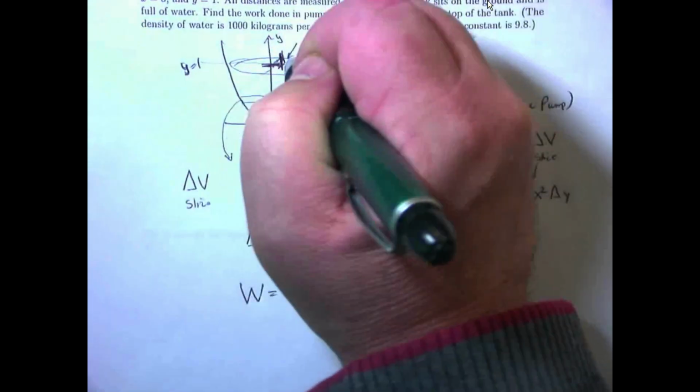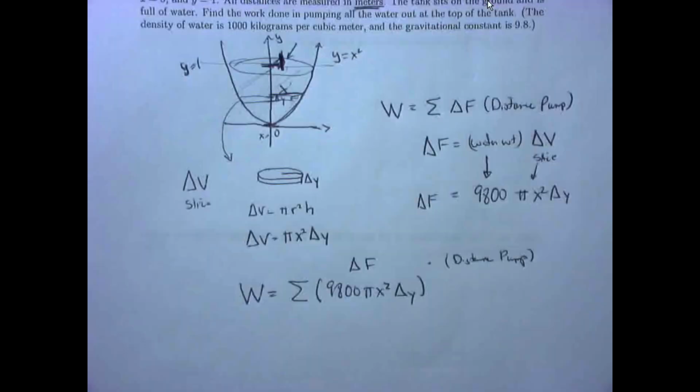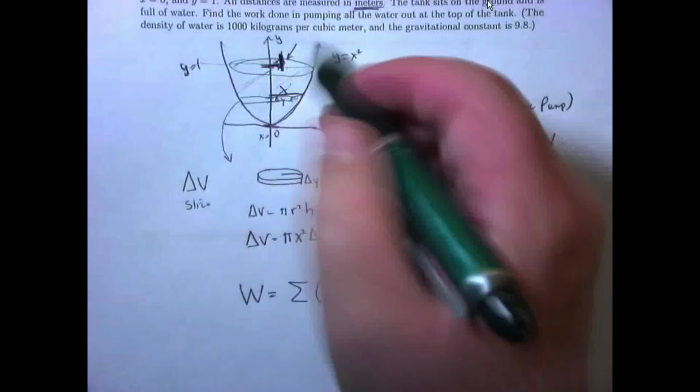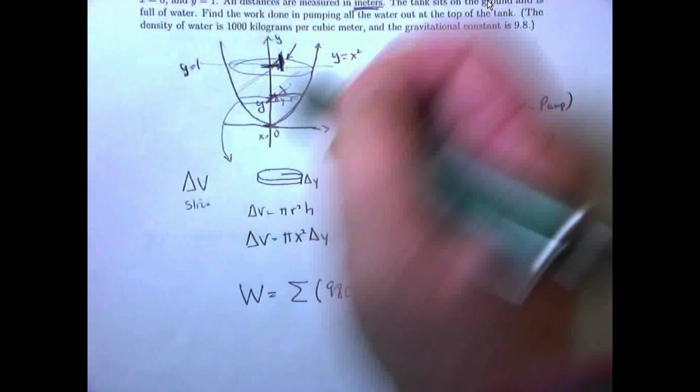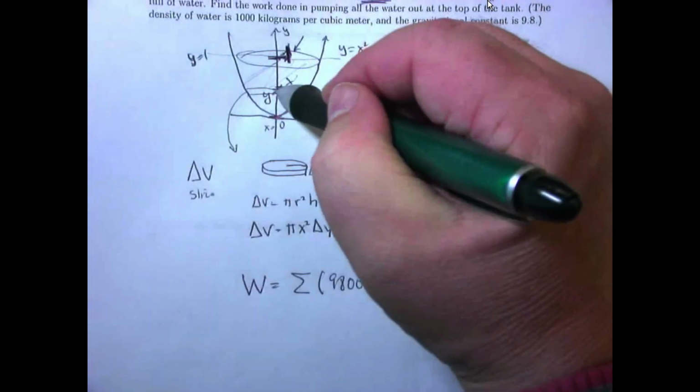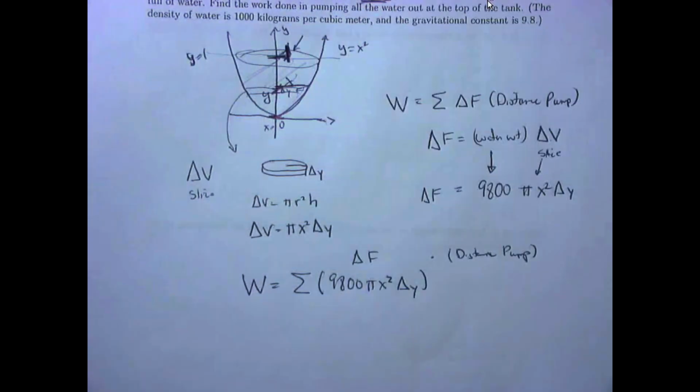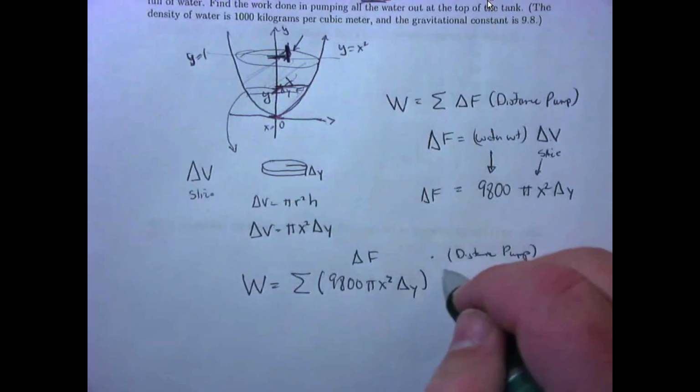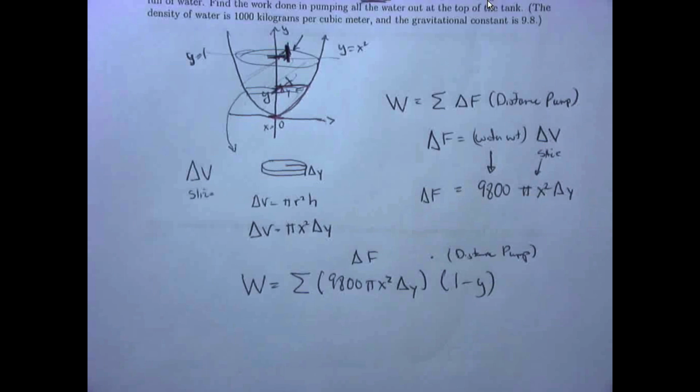Where's the top of the tank at? 1. Top of the tank is 1. This is where we're going for, top of the tank. You made this arbitrary cut at a y level somewhere on the y-axis in the middle. What is the distance I have to pump this y level up to 1? What's my distance I have to pump? Top minus bottom, 1 minus y. Does this make sense? Does this ring a bell?